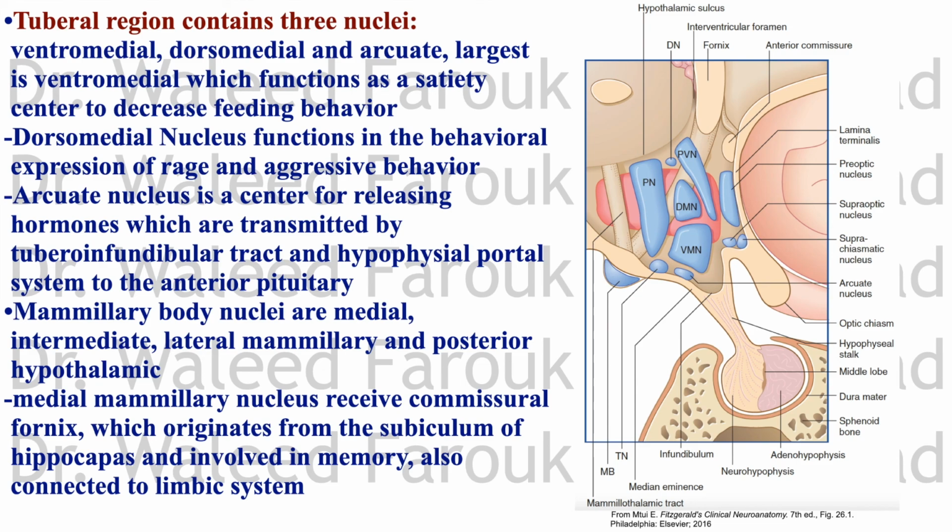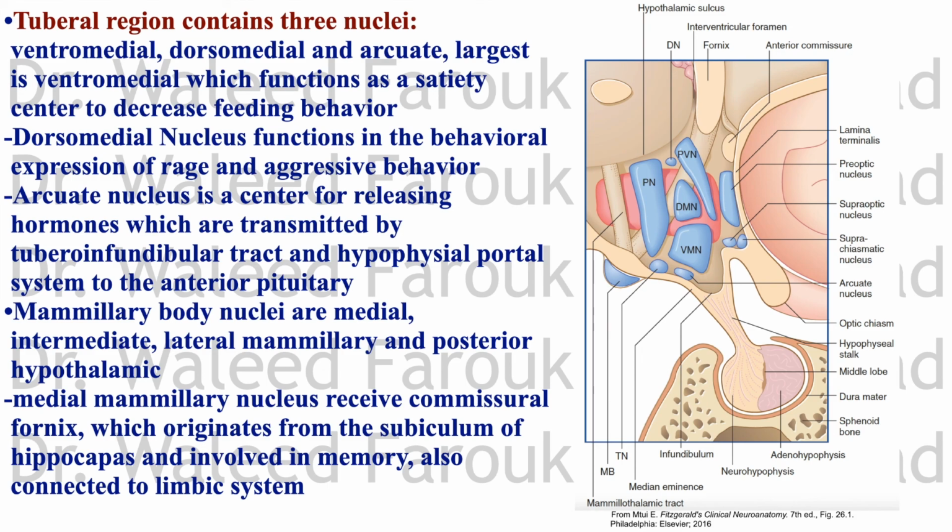The mammillary body, which we studied before in the floor of the third ventricle, receives the fornix, as you'll know now. It has medial, intermediate, and lateral nuclei, and posterior hypothalamic nuclei. The medial mammillary nucleus receives the commissural fornix.